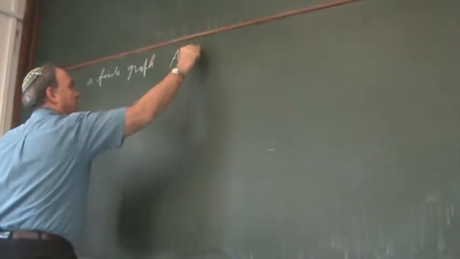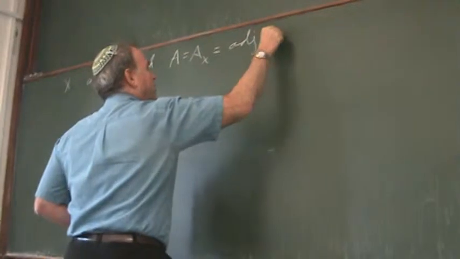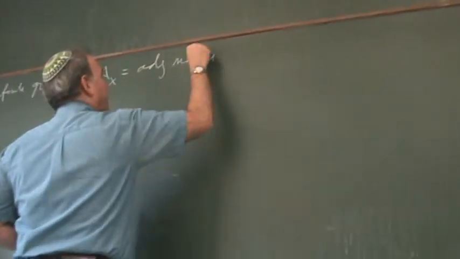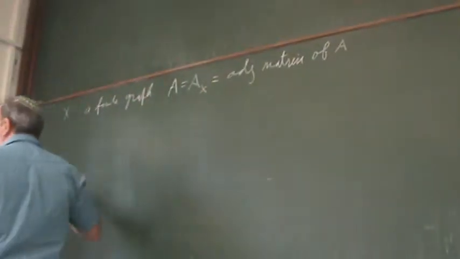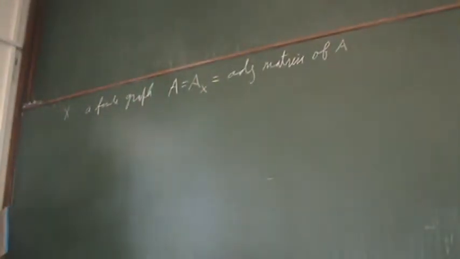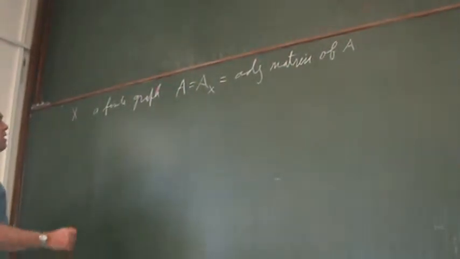A equals A of X, the adjacency matrix. This is usually a matrix with just 0 and 1. We don't care if there are multiple edges, then we don't mind that there will be other numbers, but usually just 0 and 1.